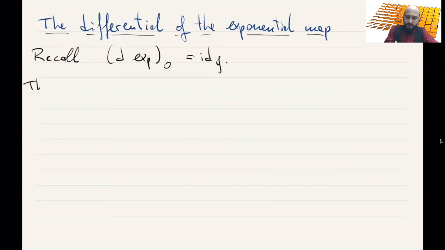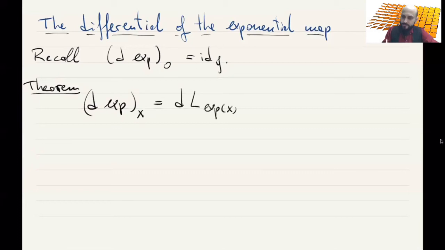But there is another formula that really tells us the differential at every point, not just at 0. And this is the formula. The differential of the exponential map at any point x in the Lie algebra can be written as the differential of the left translation by exp x at the identity element, composed with the following linear transformation: the identity minus e to the minus ad x, divided by ad x.